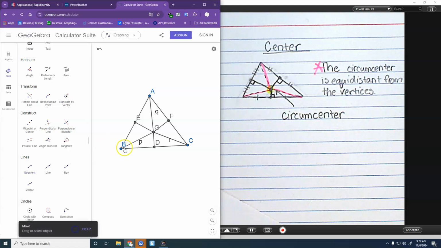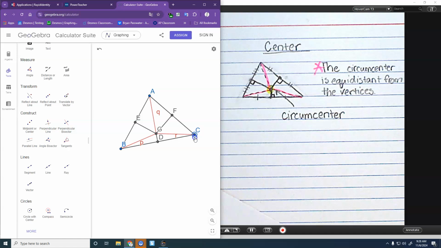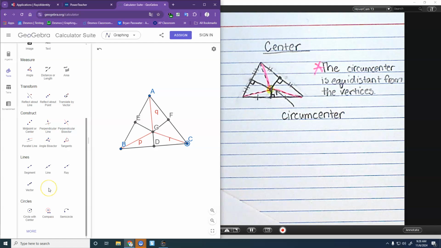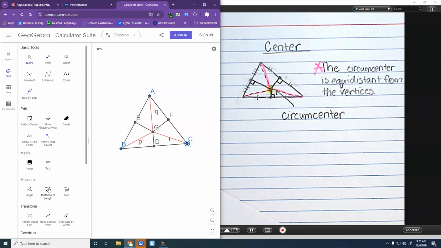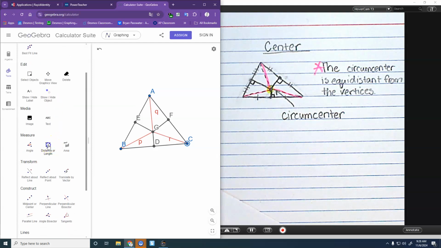Wonderful. Let's change colors. Okay, red. Let's make this one red and red. So watch those three red lines. Whenever I move this around, notice that they're always the same length. In fact, I think I can measure their length.